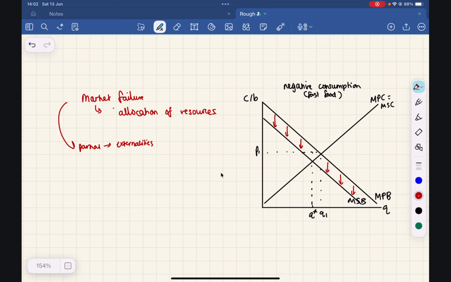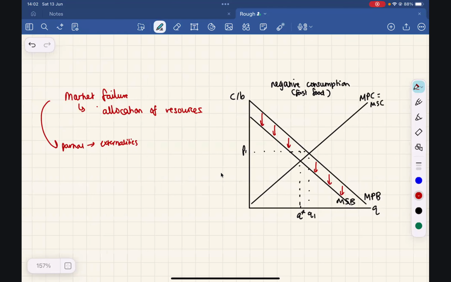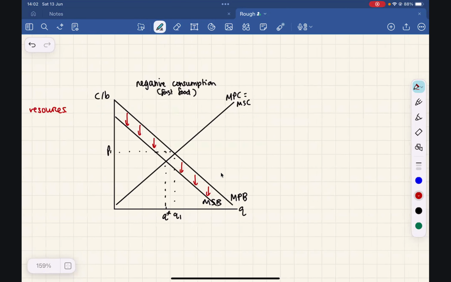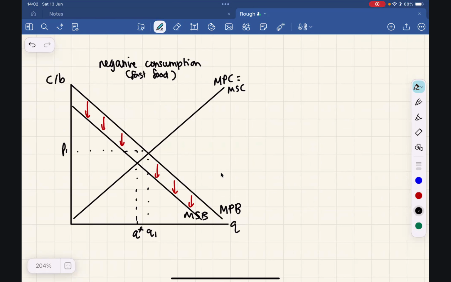The diagram shows the negative externalities in the market for fast food. In the free market, producers and consumers maximize their own utility in terms of their own self-interest. Therefore, there is an output of Q1 in the free market.